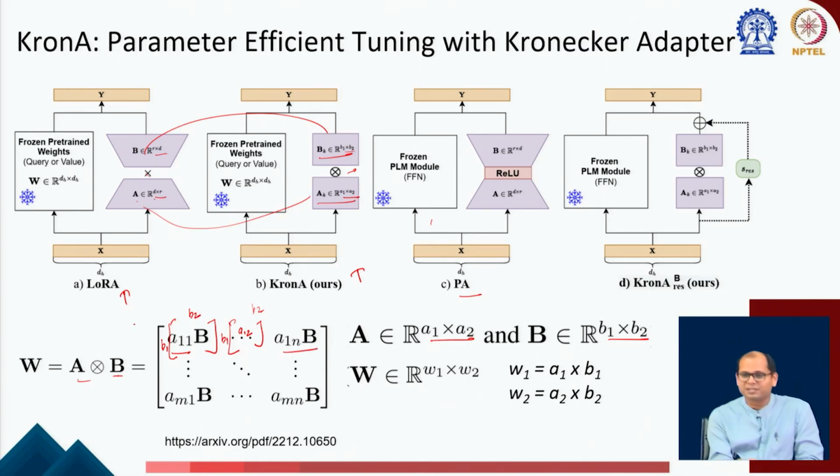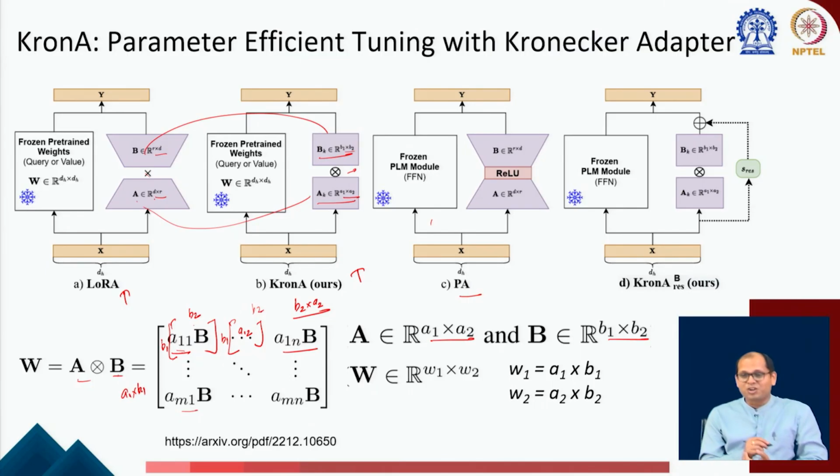How many columns are there? B2 times the number of columns of A, that is A2. Similarly, how many rows are there? You have B1 already covered here, and then you will do it for each A11 to AM1, that is the number of rows of A. So A1 cross B1 is the number of rows.